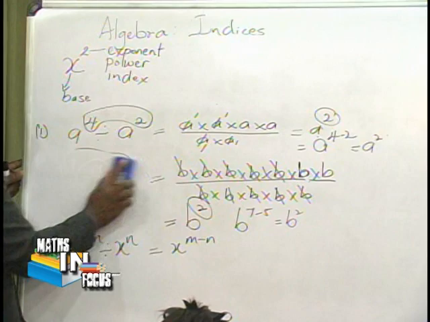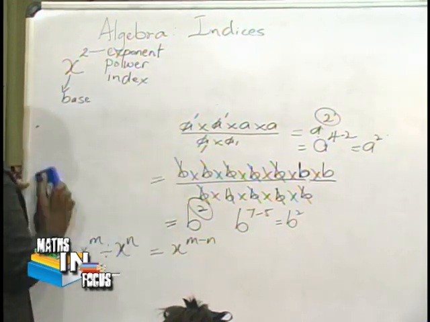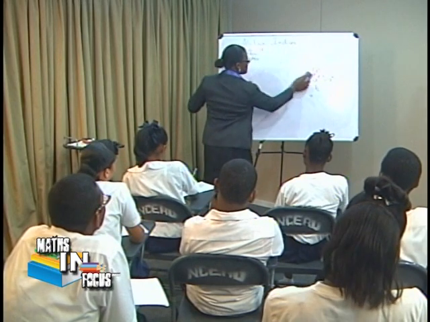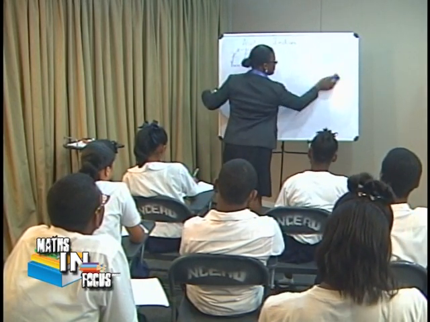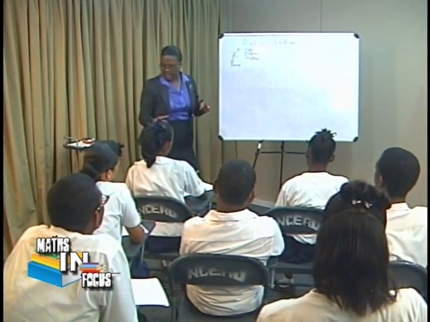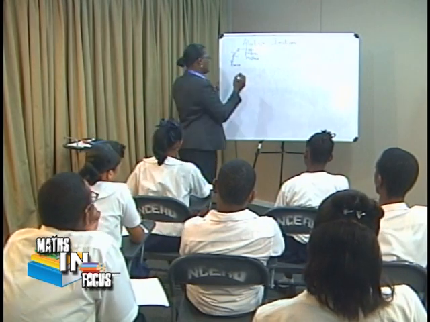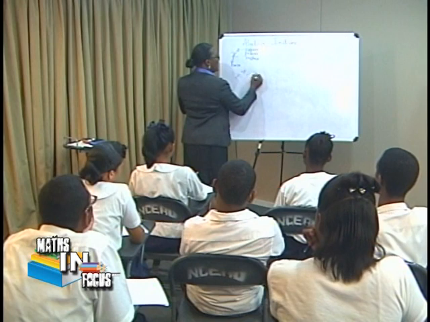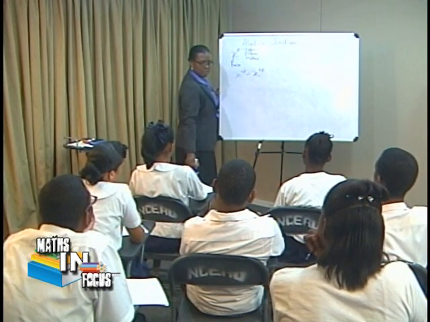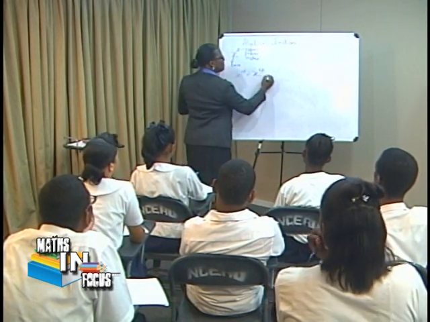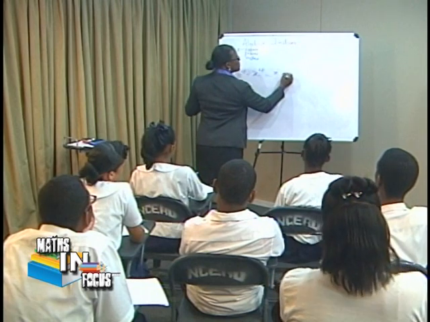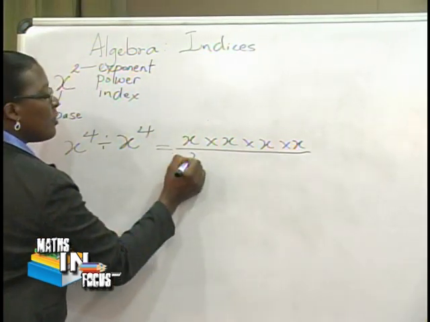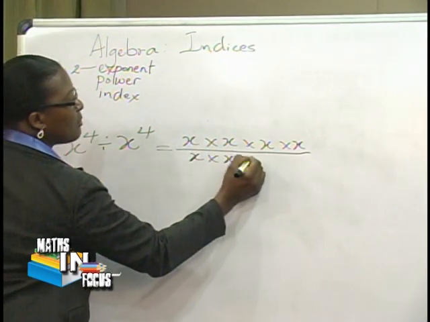Now let us look at this. We just learned that when the bases are the same and you're dividing, the powers are subtracted. So we have x to the 4th being divided by x to the 4th. And if we expand them, we'd have 4 x's on top, and we'd have 4 x's also at the bottom.